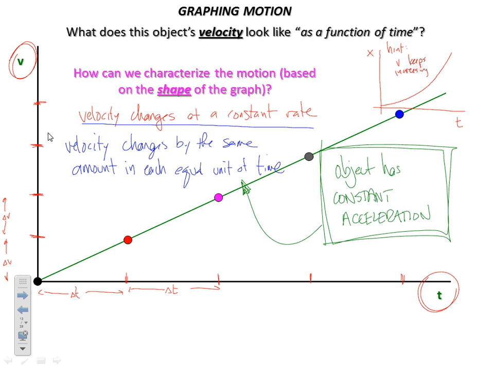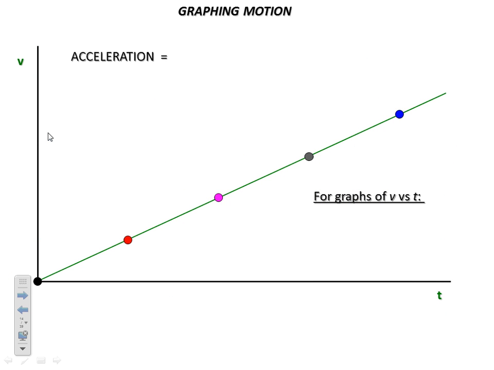It means those two things there. To say an object has a constant acceleration means its velocity changes at a constant rate, which means its velocity changes by the same amount in each second, or in each minute, or in each hour. Okay? Now, this gives us the definition of acceleration.